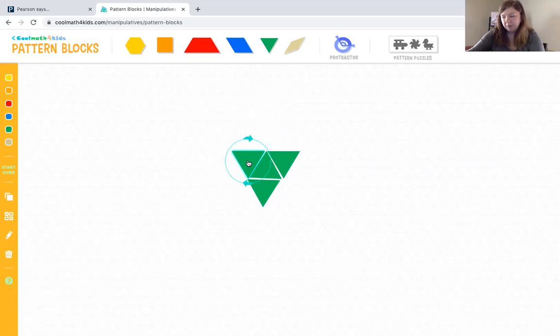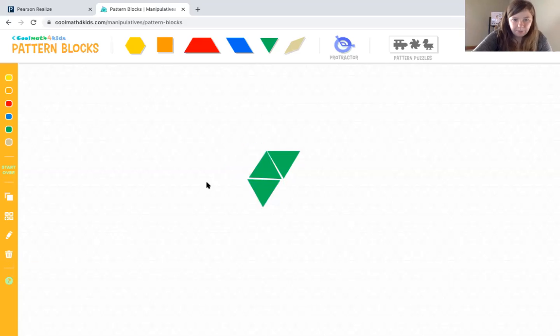So if I had my real pattern blocks, I could put these pieces together to make a triangle. I made my triangle on the screen upside down, but I used 4 triangles to make a bigger triangle.